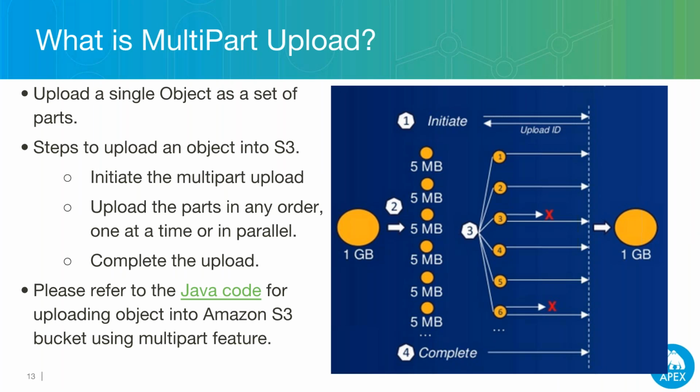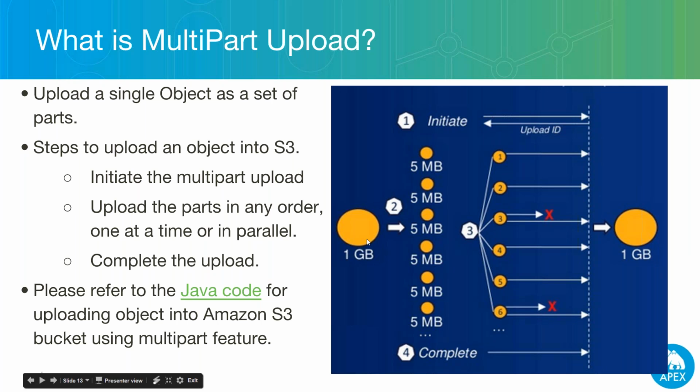What is multi-part upload? Instead of uploading a file as a single object, we are uploading a file as a set of parts or blocks. On the right hand side, we can see the picture.